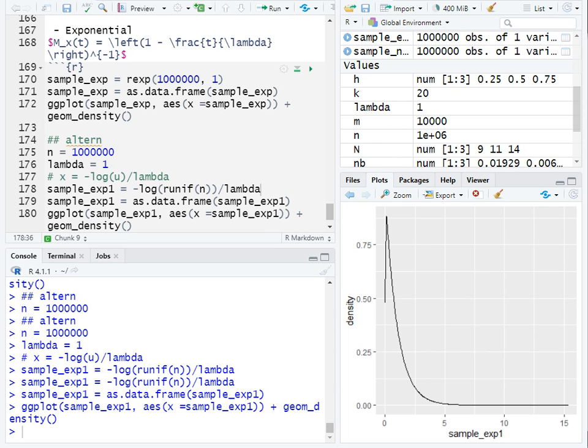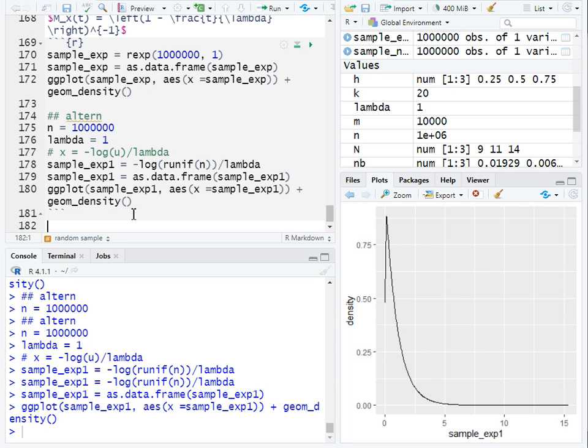The property states that for x more than 0 and w more than 0, the probability that X will be larger than x plus w, given that X is larger than w, equals the probability that X is larger than x.